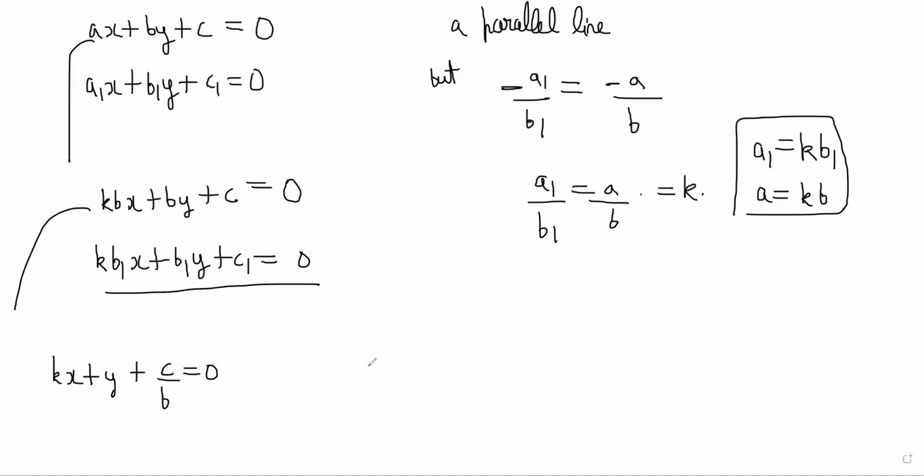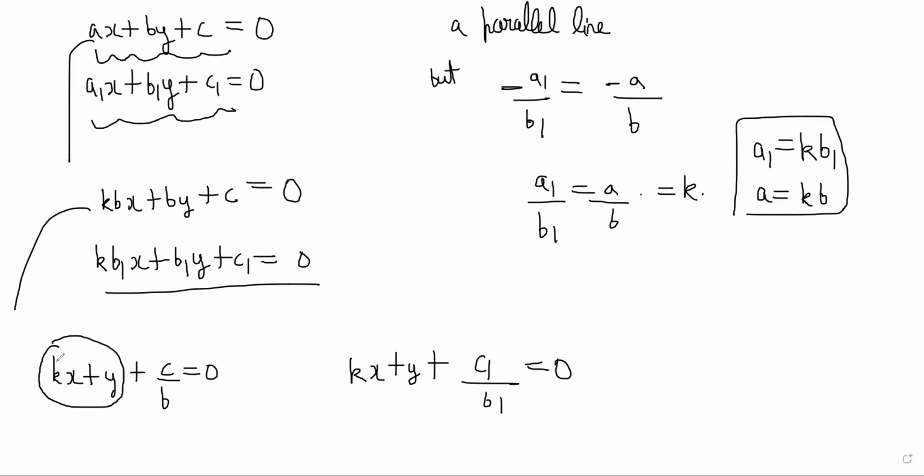And dividing by b1 here, you'll get kx plus y plus c1 by b1 is equal to 0. So what I'm trying to say is that even if you write two different looking lines, if they are parallel, they will start looking like the same x and y coefficients. And the only thing different will be the constants.